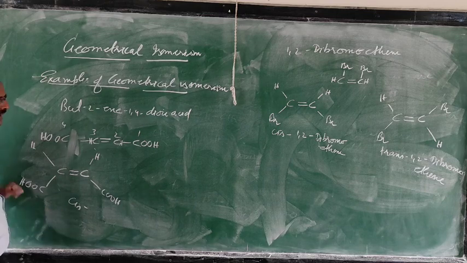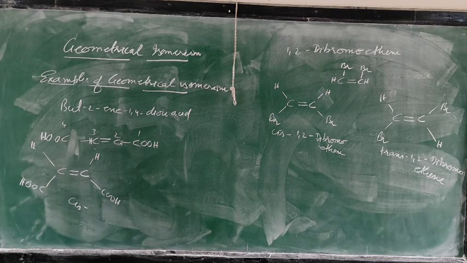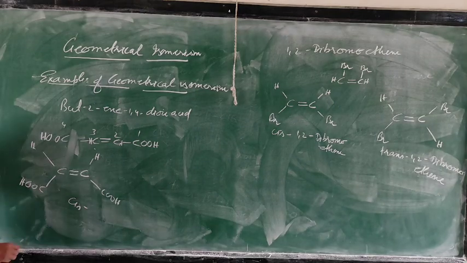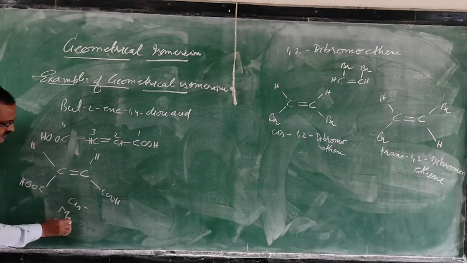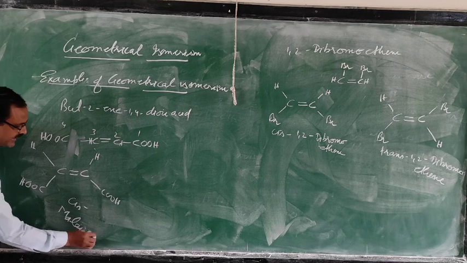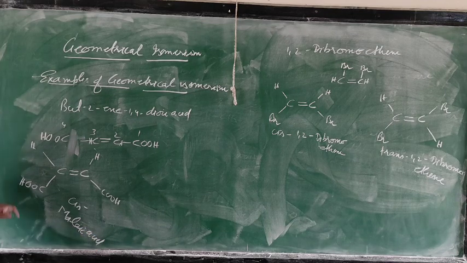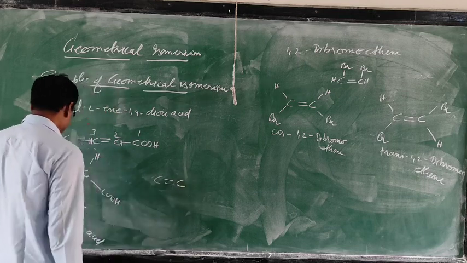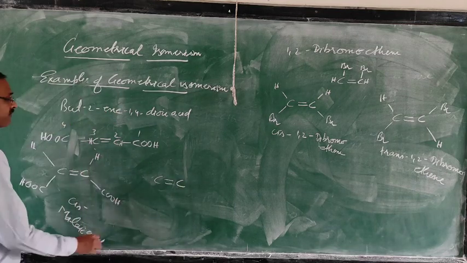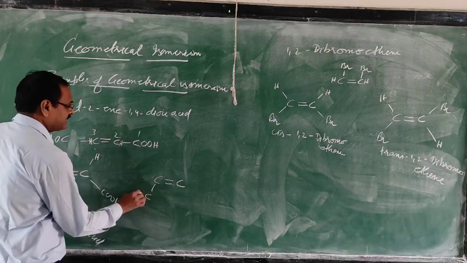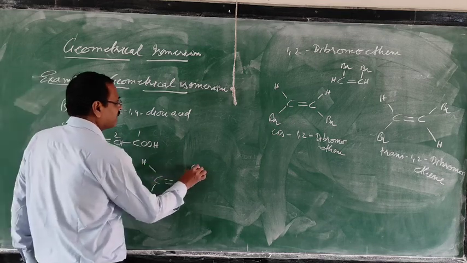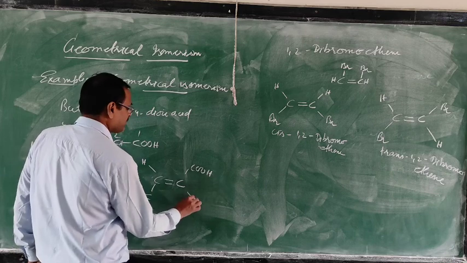This compound will be there. And when it is in a cis form, it is called maleic acid. C double OH, H, here C double OH.